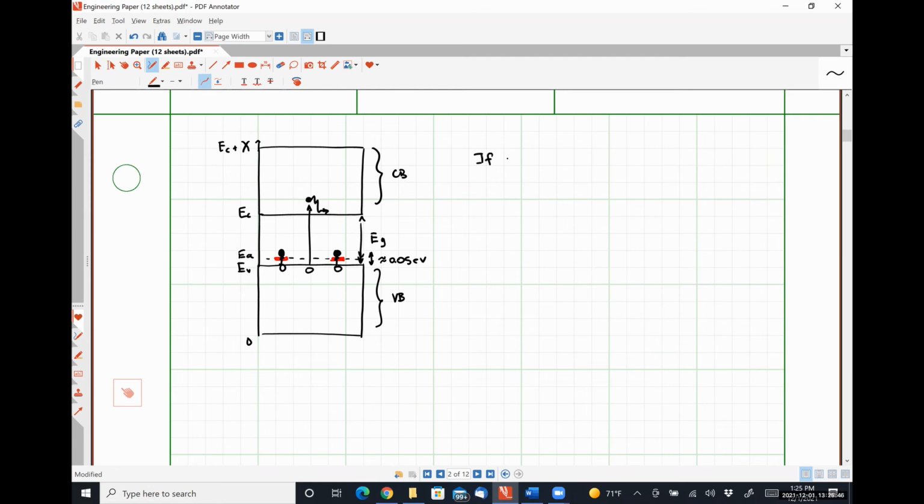If Na, which is the concentration of acceptor atoms, is significantly greater than Ni, then the hole concentration in our p-type material will be approximately equal to Na, and our electron concentration, Np, will be approximately equal to Ni squared over Na.